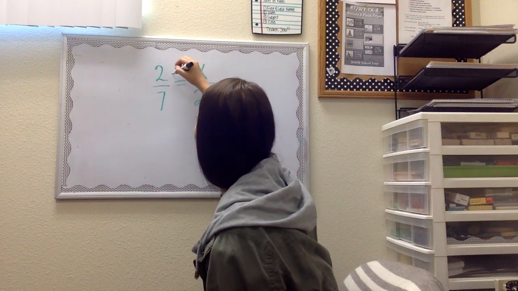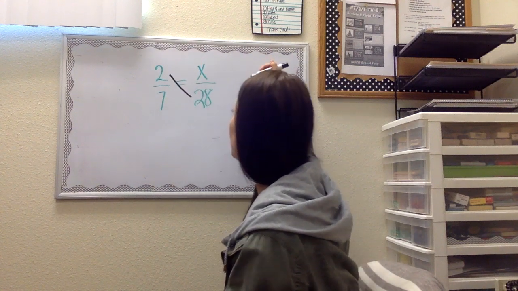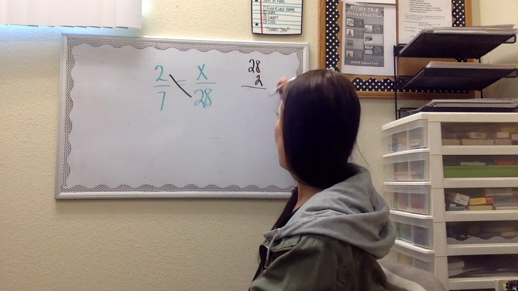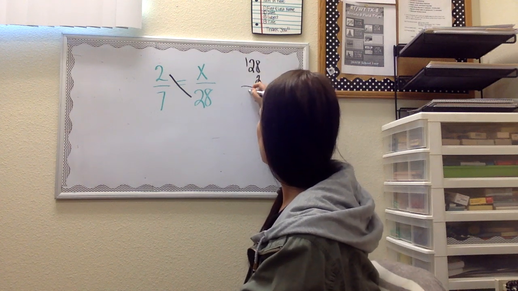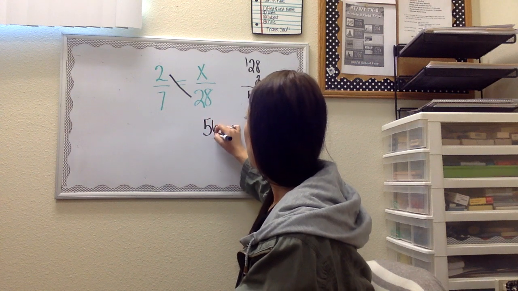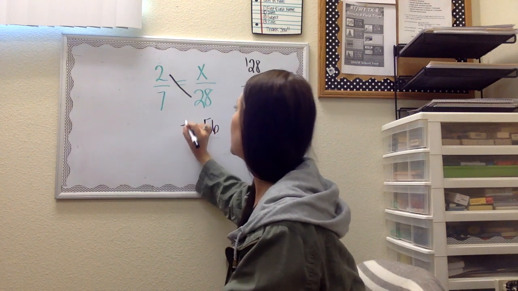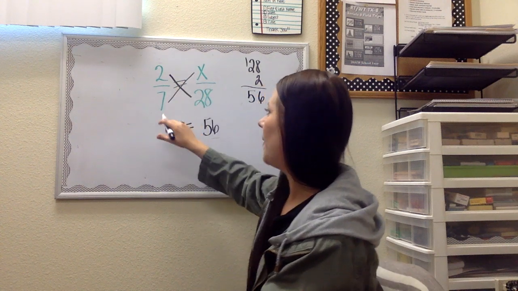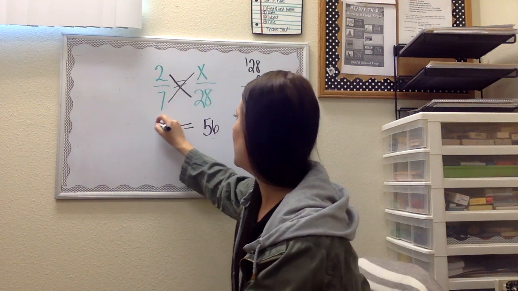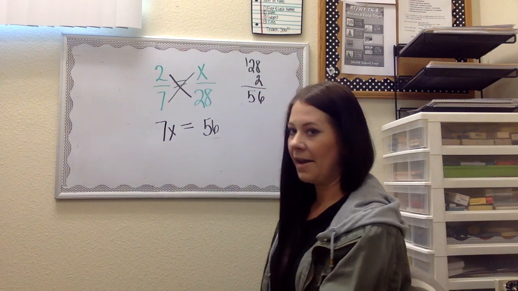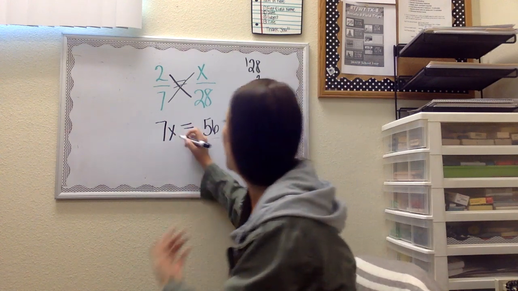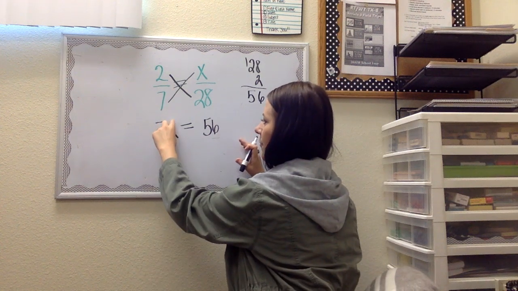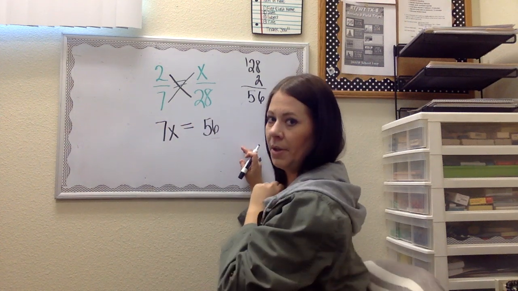So you're going to multiply across. You're going to do 2 times 28. So 28 times 2, you'll see I take my math off to the side, 16, 4, 56. You're going to leave yourself an equals because there was an equals here. And then you're going to multiply this way. Anything times x is 7 times x, and you write it like that. Every time you do this, you get a problem just like this: a number in front of x equals another number.